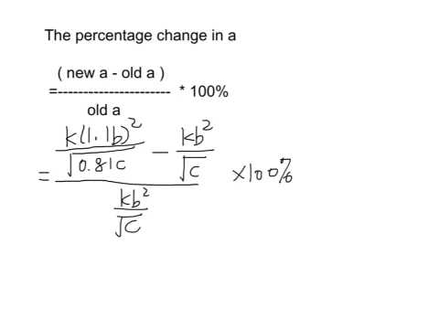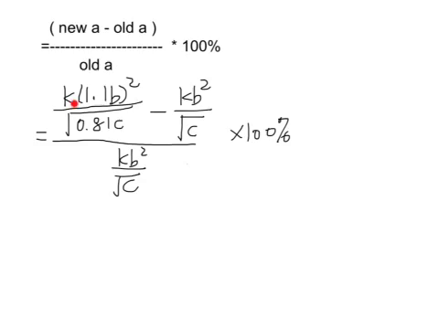Now, the next step is to find a way to factorize all these unknowns out so then you can cancel everything against your denominator here. So eventually you're looking for a number, instead of K or B or C. We've got to get rid of all these unknowns. So let's simplify that. So this equals KB squared times 1.1 squared, right?